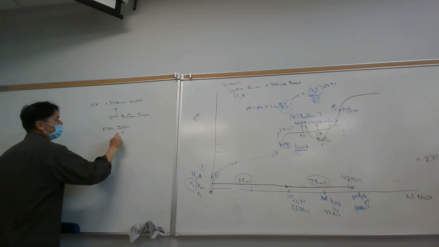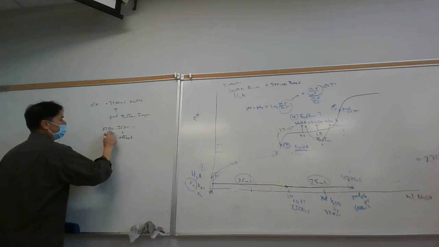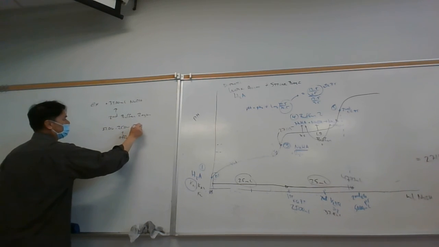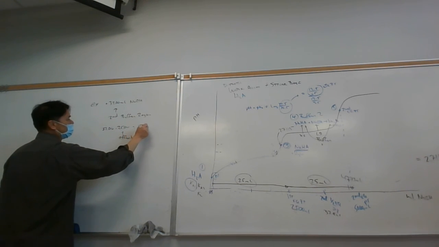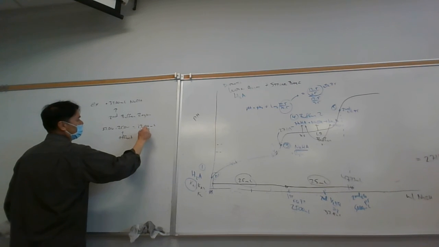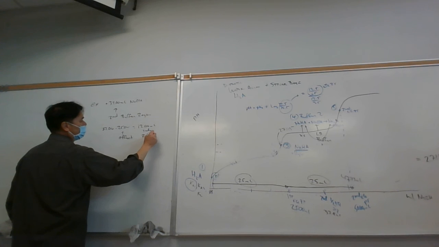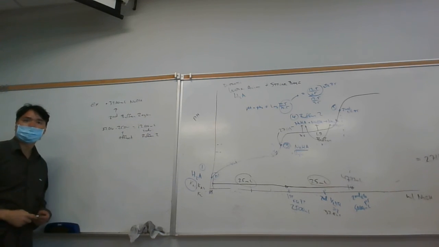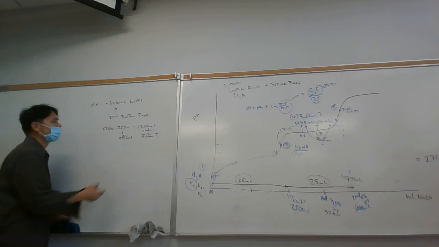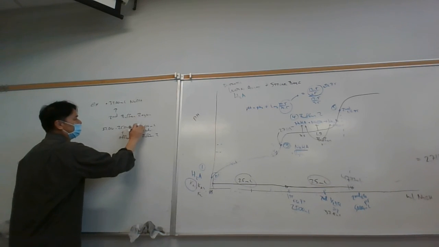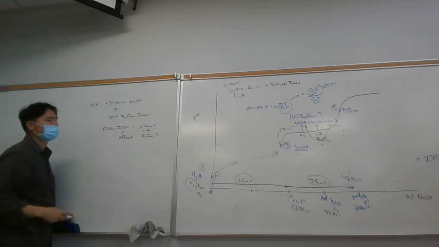This is because it's offset, which means that we're 7.00 milliliters into buffer 2.